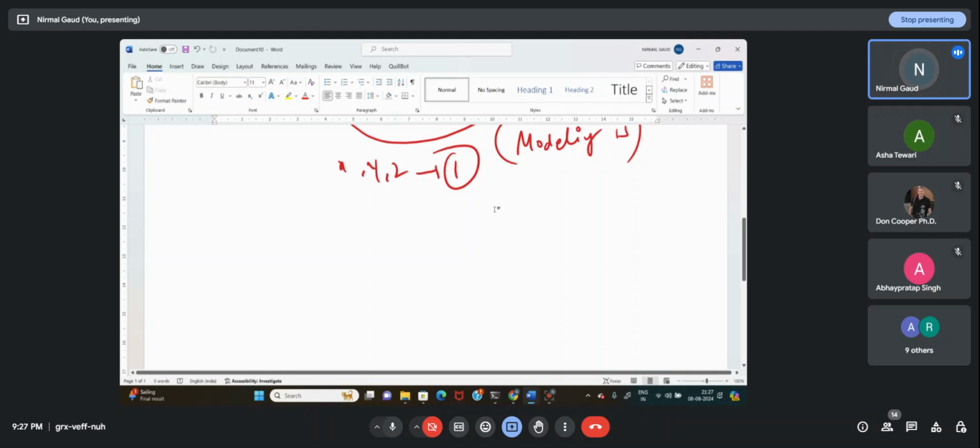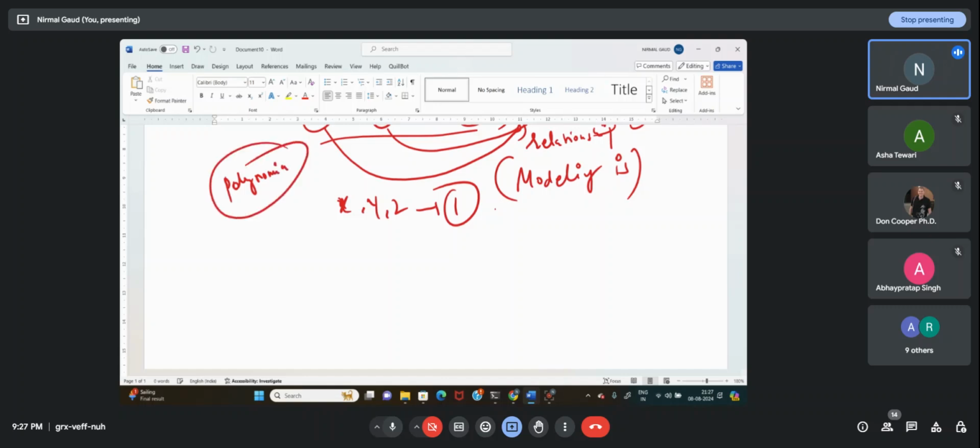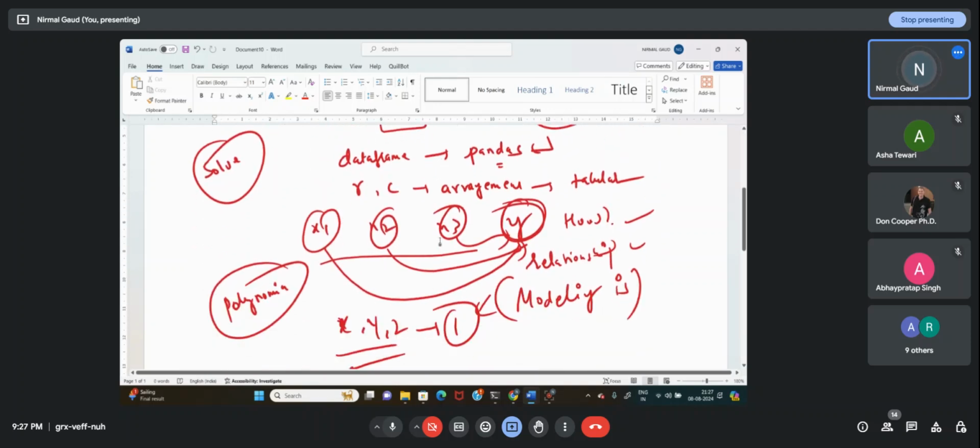It can be of higher order also. Then it will not be considered linear, it will be polynomial. Because it's not mandatory that every time the relationship between the variables and the target is linear. It can be polynomial also. But right now we are dealing with this linear relationship.